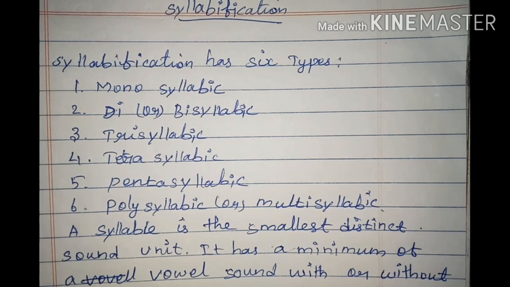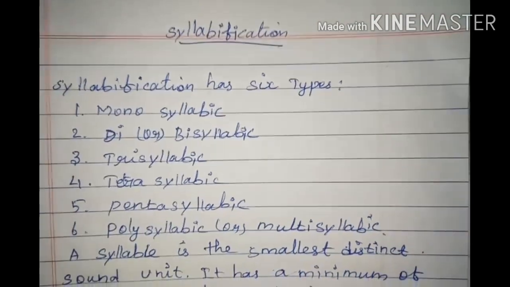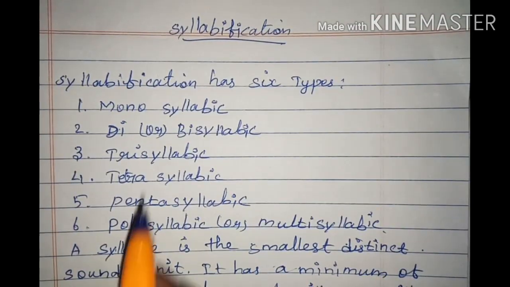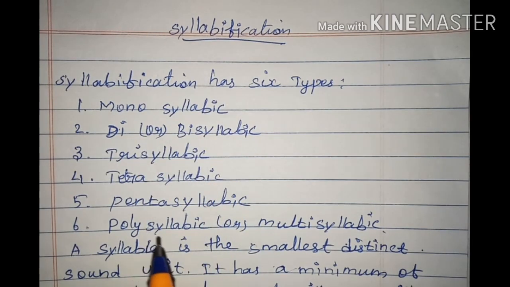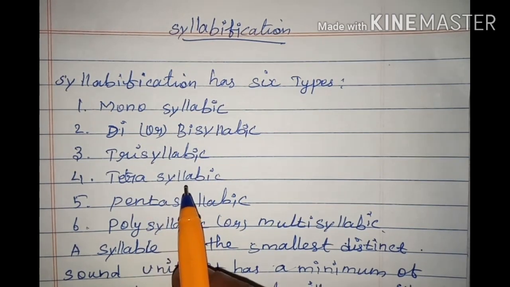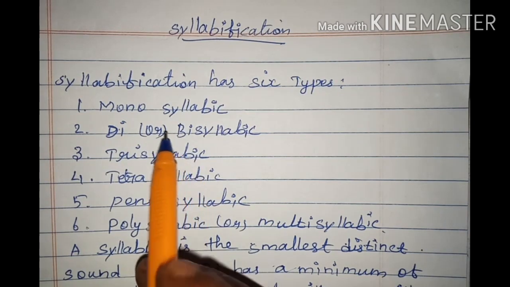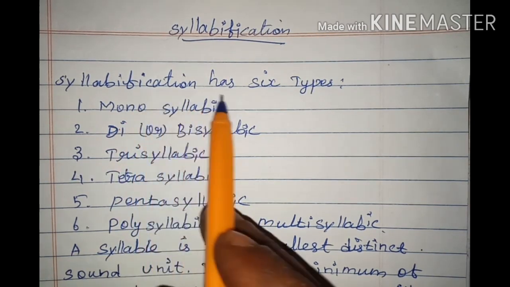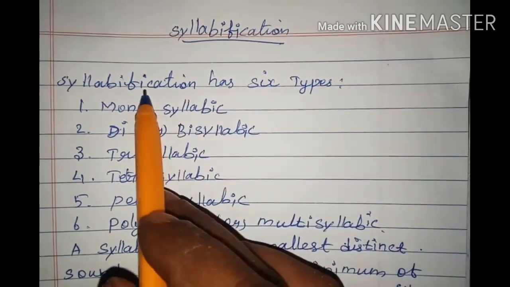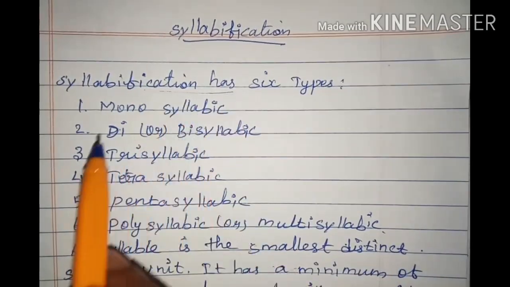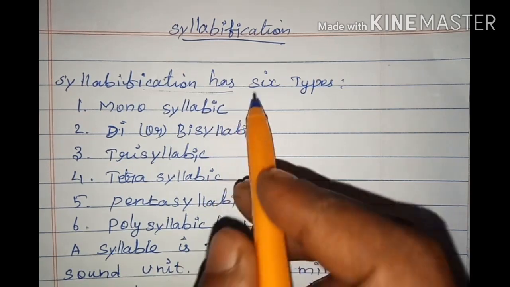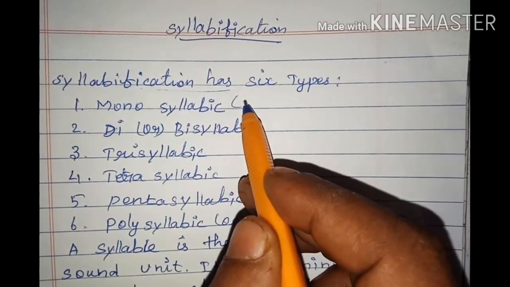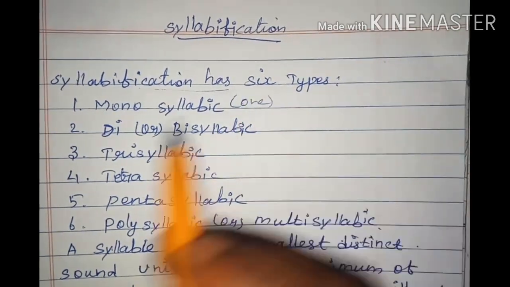Just listen here. Now I am going to tell you what syllabification is, how we are going to find out the syllabification, and how we are going to write it. Actually, syllabification has six types. The first one is monosyllabic: one syllable is called monosyllabic.